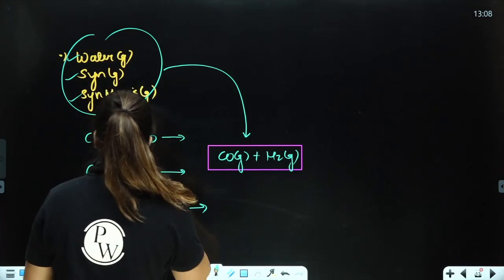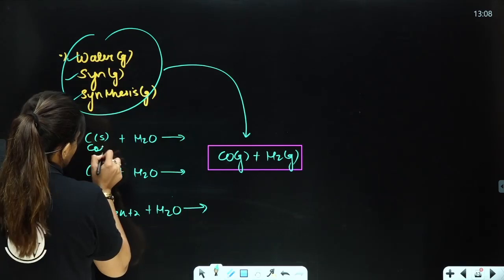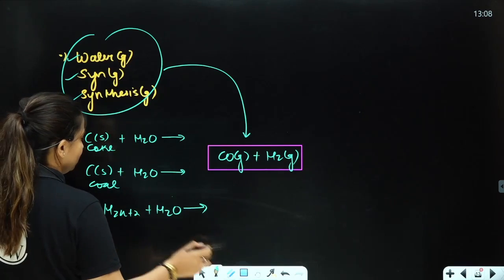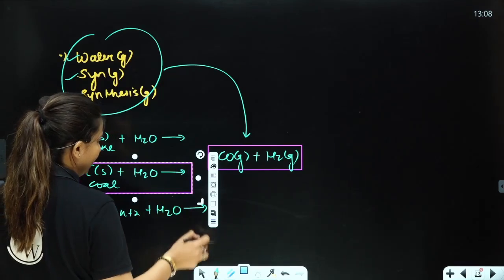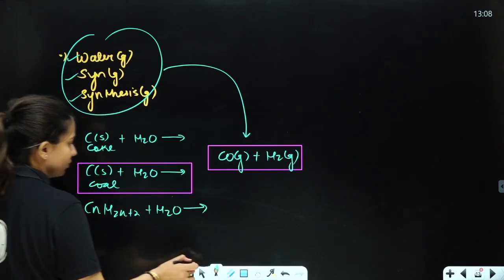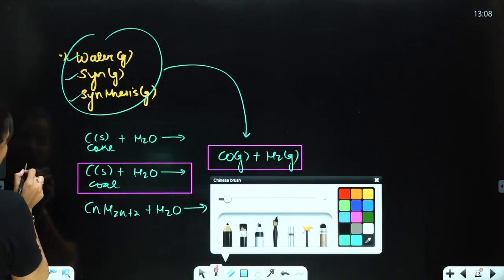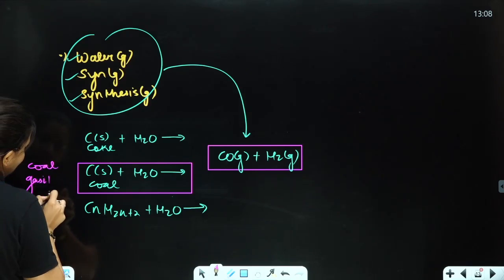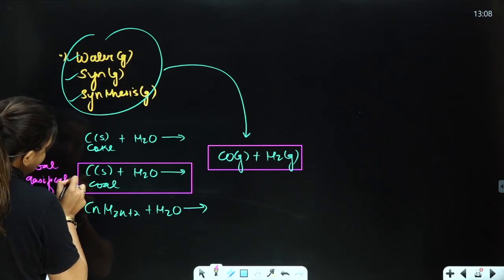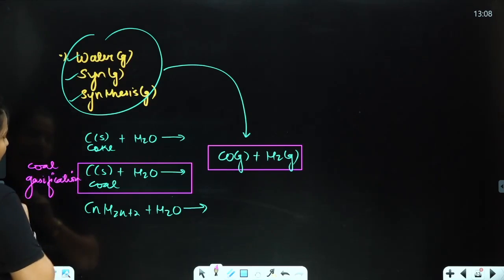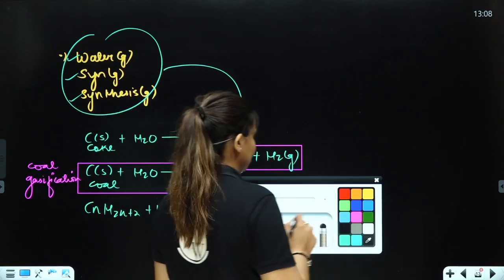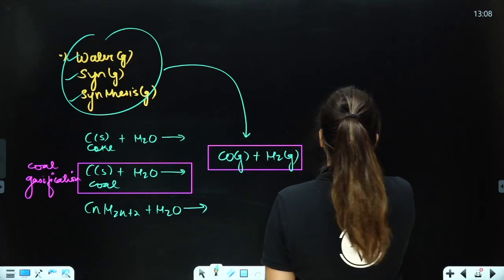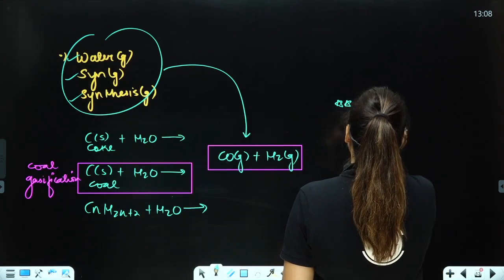If you take coke and if you take coal, whenever you are taking coal, this respective reaction is given a name. The name will be called coal gasification. And the other thing is CO gas plus H2 gas.